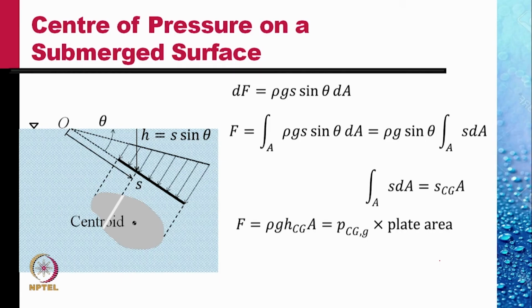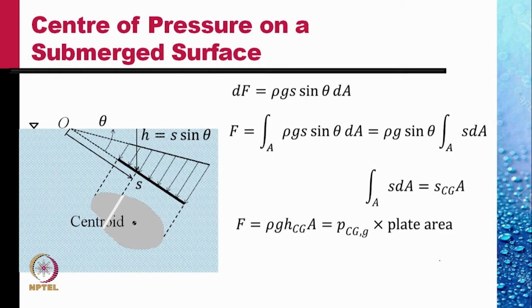We can take rho g sine theta outside the integral, and so this force is rho g sine theta integral s dA. Integral s dA over the whole area is nothing but the distance s of the centroid, the CG, times the area. So the force is pressure at the centroid times the plate area, the same result as we obtained above.